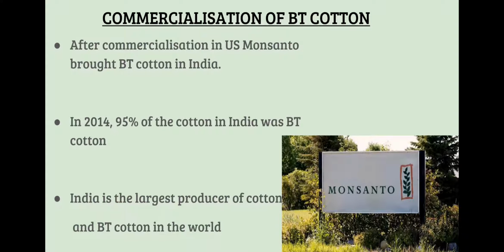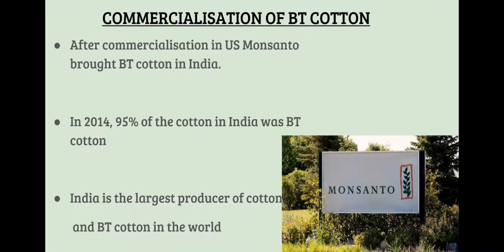Now, commercialization of BT cotton. That meant which firm or which company was the one leading the way with the BT cotton. So there was a company known as Monsanto. Monsanto was a company based out of the US which introduced the BT cotton in India.